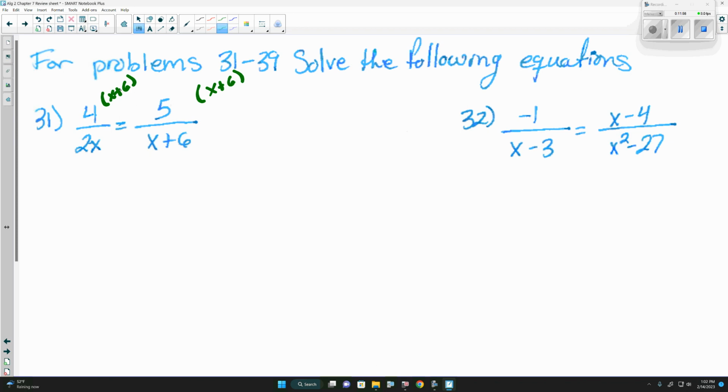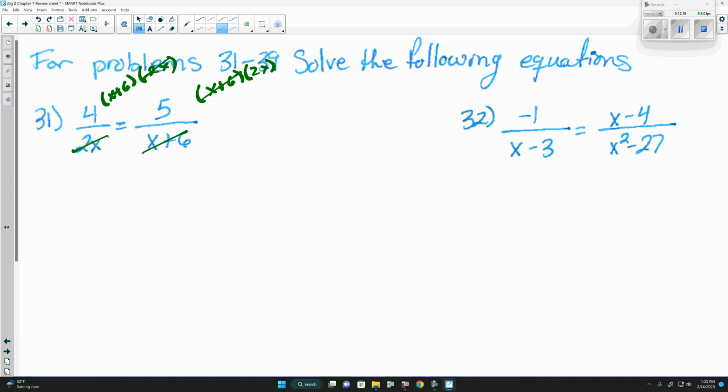So I can multiply both sides by x plus 6, because the one on the right, the x plus 6, will cancel with its denominator. And we'll also need to multiply both of them by 2x, because that'll make the denominator on the left cancel out.